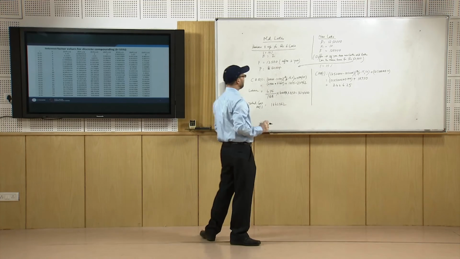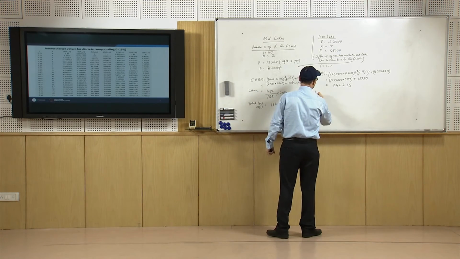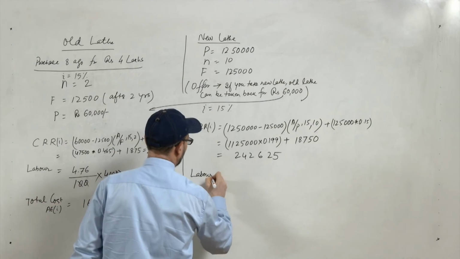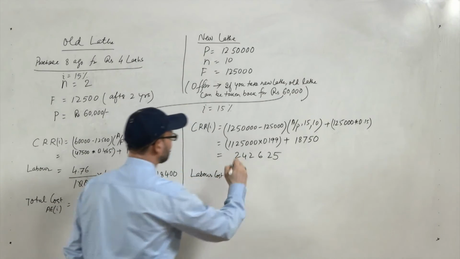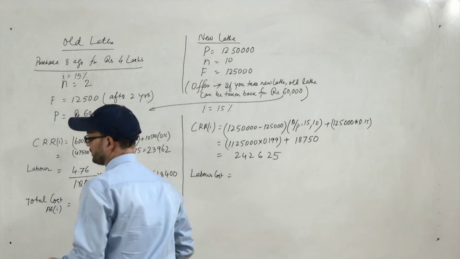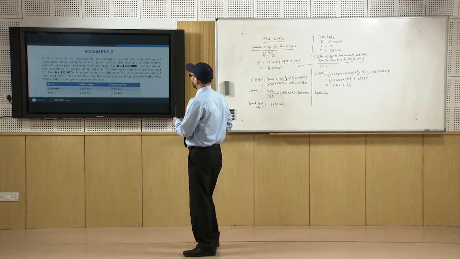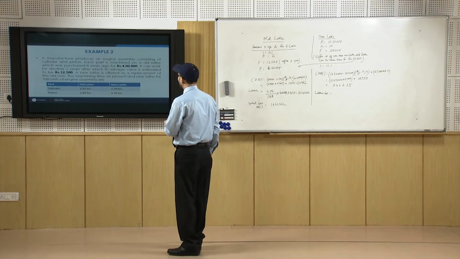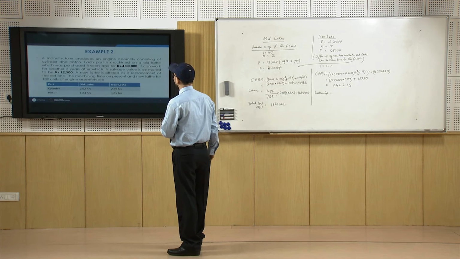Then the labor cost. This comes out to be, in this case as we see, the labor hours is 2.39 plus 1.45, this is 3.84.